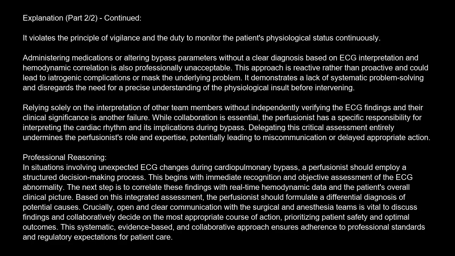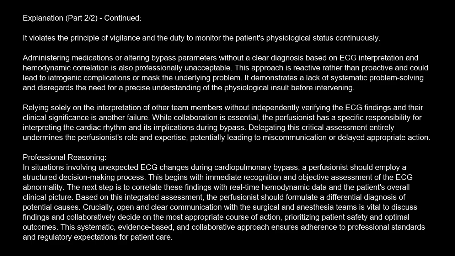In situations involving unexpected ECG changes during cardiopulmonary bypass, a perfusionist should employ a structured decision-making process. This begins with immediate recognition and objective assessment of the ECG abnormality. The next step is to correlate these findings with real-time hemodynamic data and the patient's overall clinical picture. Based on this integrated assessment, the perfusionist should formulate a differential diagnosis of potential causes.